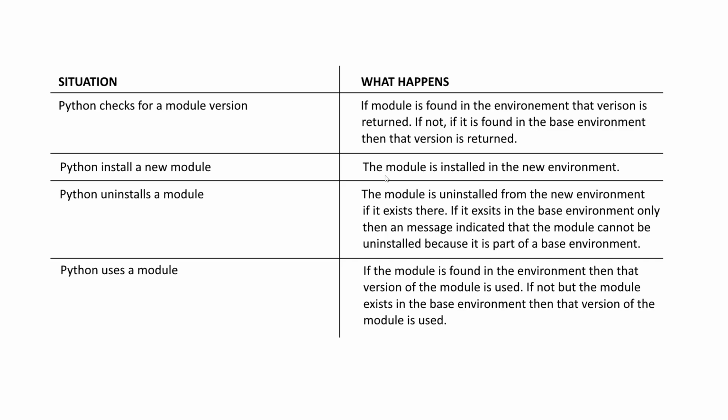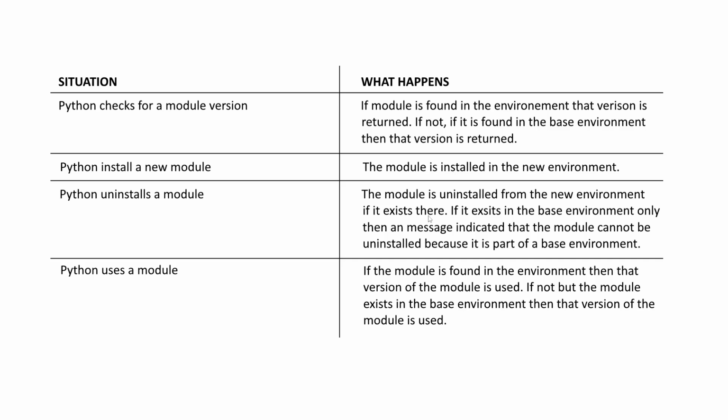If you install a module that was in the base environment, for example, to install a different version, again, because your new environment has priority, that's the one that Python is going to find first and use, and it's going to ignore the one in the base environment. Only if you, for example, uninstall the module from the new environment, then it'll be defaulting back to the copy that's in the base environment, or if it doesn't exist in the base environment, it's going to be uninstalled. So that's what we just discussed here.